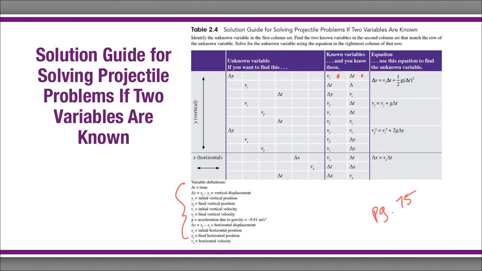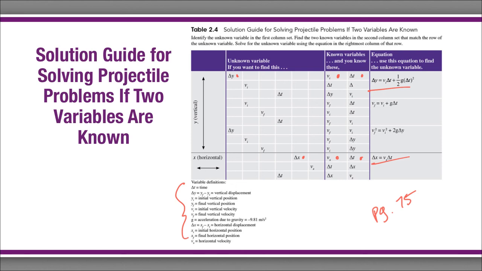So the way that you read this is if you are given, say, initial velocity and change in time, and you're trying to find the change in displacement in the y direction, this is the equation you're going to use, okay? If you're given velocity in the x direction, change in time, and you're trying to look at the change in displacement in the horizontal direction, that's the equation that you're going to use, okay?